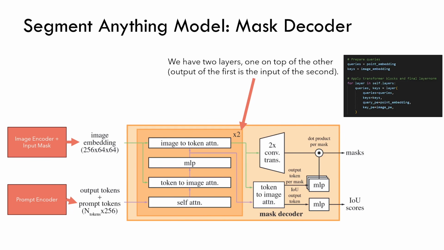So the mask decoder is made in this way. It's made of two layers, so we have to think that this block here is repeated with another block after this one, where the output of this big block is fed to the other block, and the output of that block is sent to the model here.